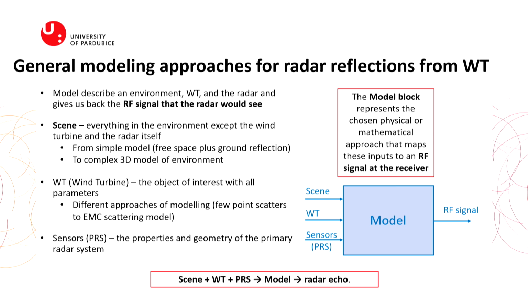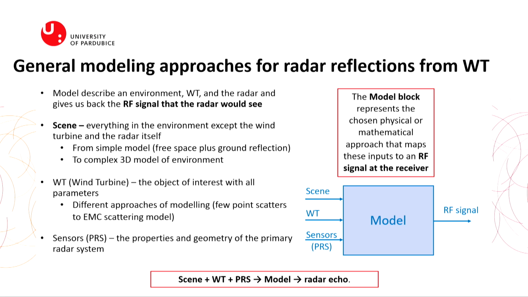The scene, as I already mentioned, is everything in the environment except the wind turbine and the radar itself. It can vary from a simple model to a complex 3D model of the environment. We just use free space plus ground reflection, and the ground reflection is easily handled by just changing amplitudes. The wind turbine is a complex model because it must be described very precisely.